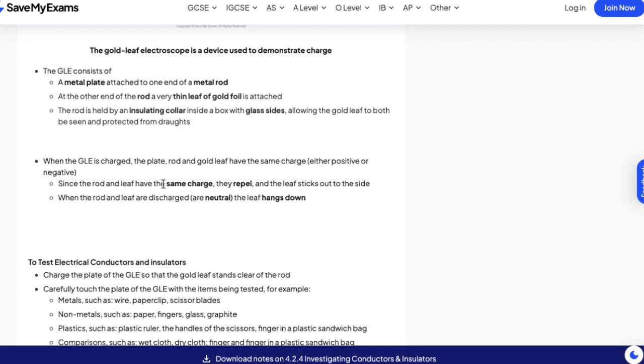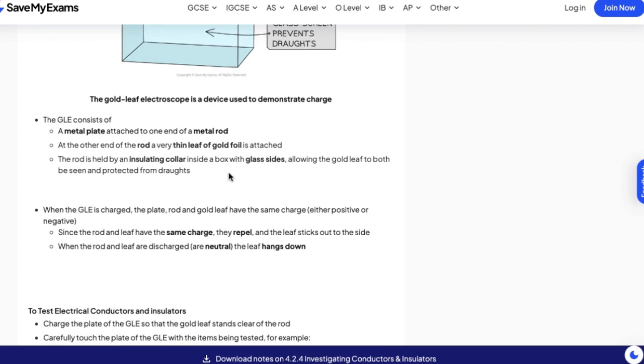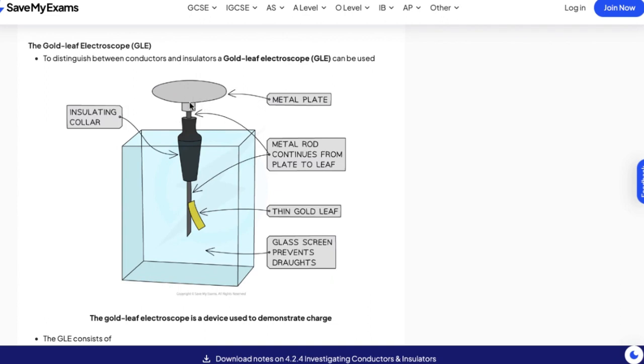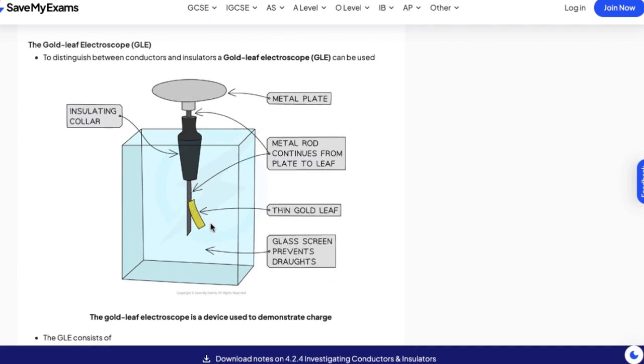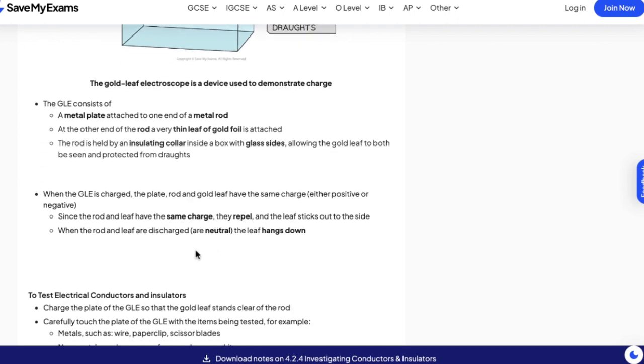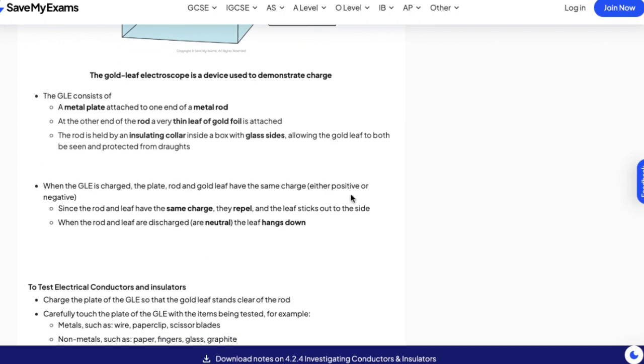When the gold leaf electroscope is charged, the plate, the rod, and the gold leaf all have the same charge, either all positive or all negative.